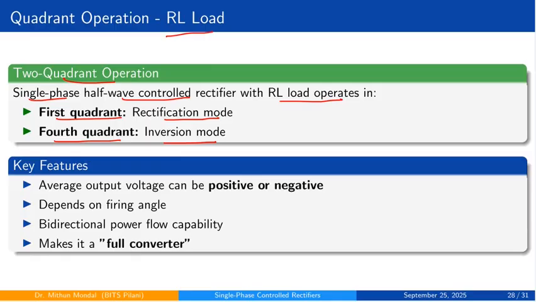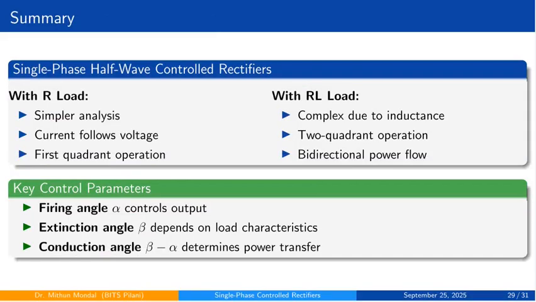The key feature is that the average output voltage can be positive or negative. If you remember, the R load was having only positive output voltage, but now we are having negative also. It depends upon the firing angle alpha, and the bidirectional power flow capability makes it a full converter. So instead of a half converter, we are getting a full converter because bidirectional power flow capability is there.